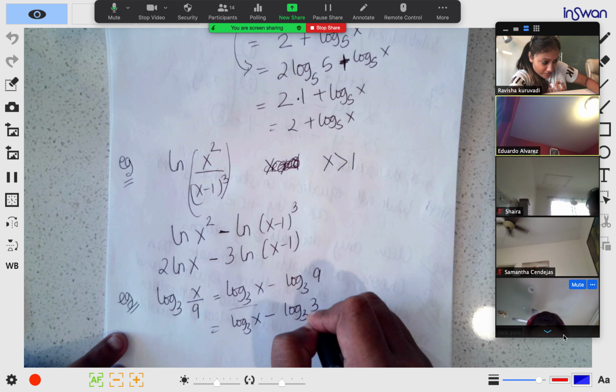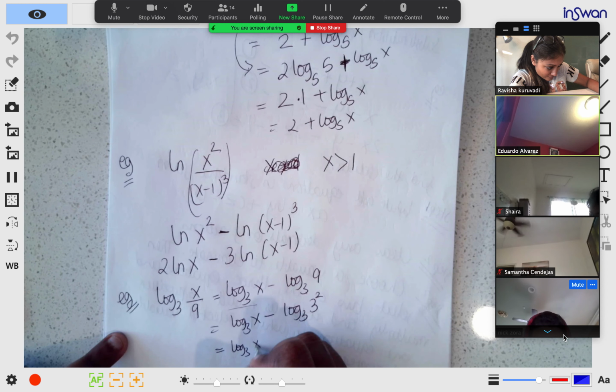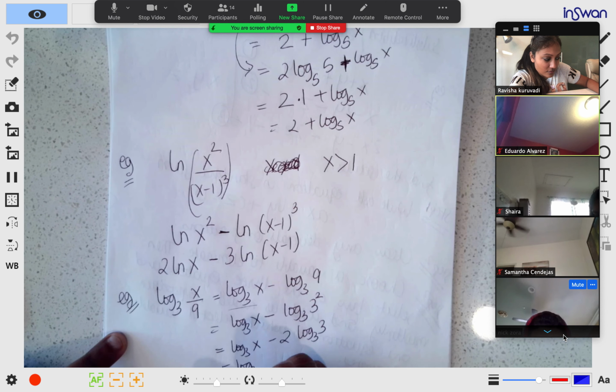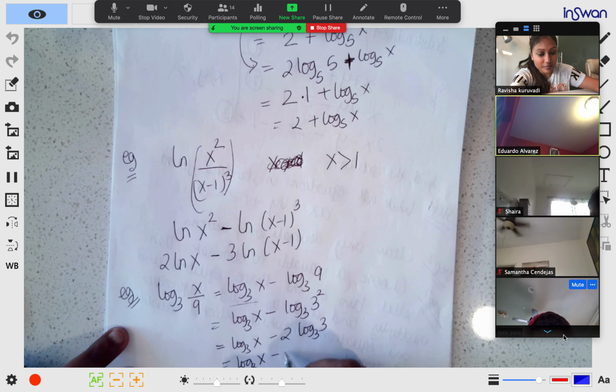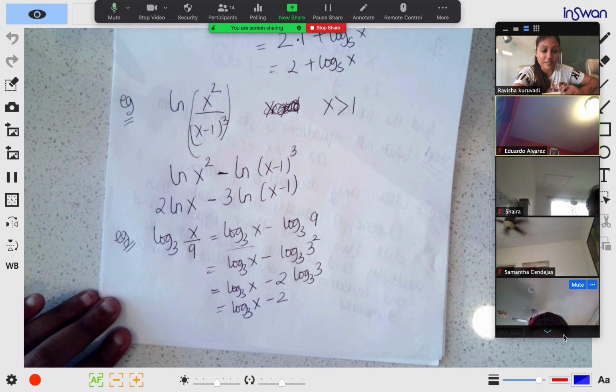Perfect. And then you can bring that 2 over into 2 log 3 power 3, which makes into 1, right? Yes. So what do you get? Log 3x minus 2, 2 times 1, which makes into just 2. Yes. Perfect, Eduardo.